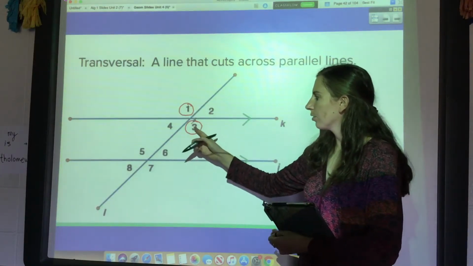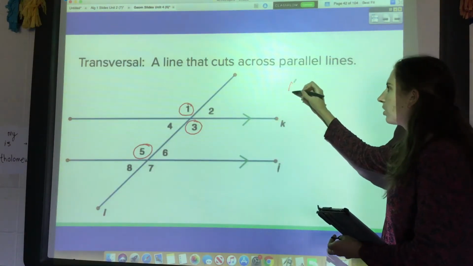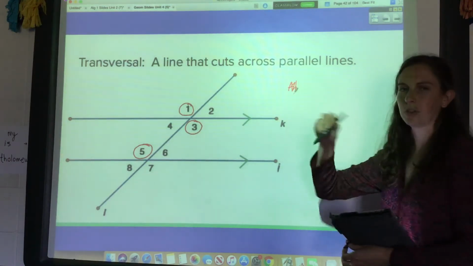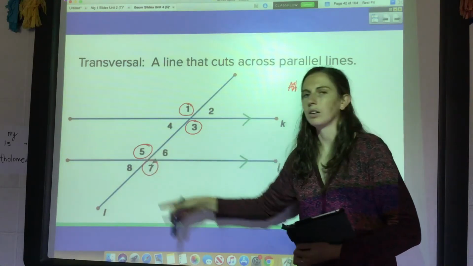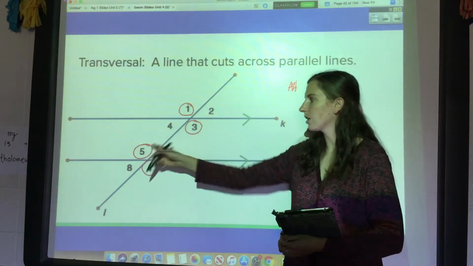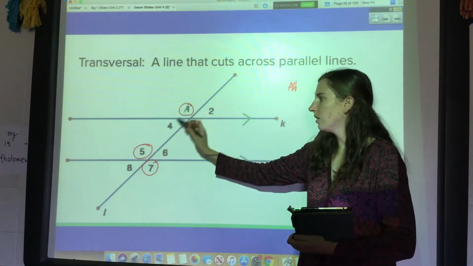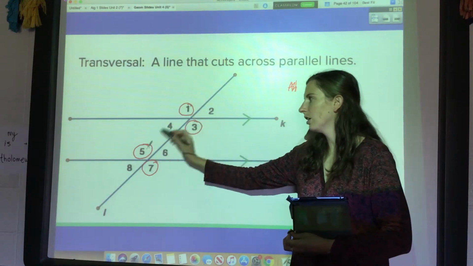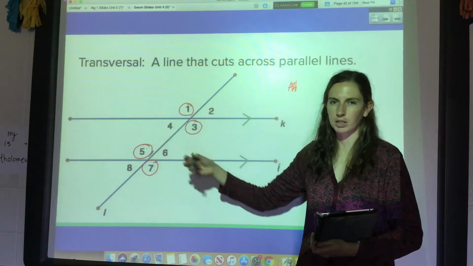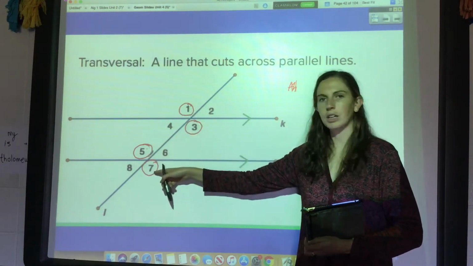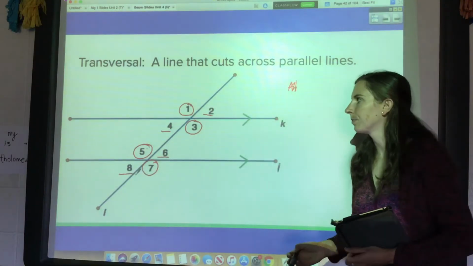And then 3 and 5 are what we call alternate interior angles. Actually, we'll review this later, but these are the same. And then 5 and 7 are also vertical angles, so those are the same. We call these alternate interior and these alternate exterior. And then these two that are in kind of the same position, just on the different line, we call those corresponding angles. They kind of correspond to each other. All of those are congruent, and all of these are the same. All of these 4 are congruent as well.